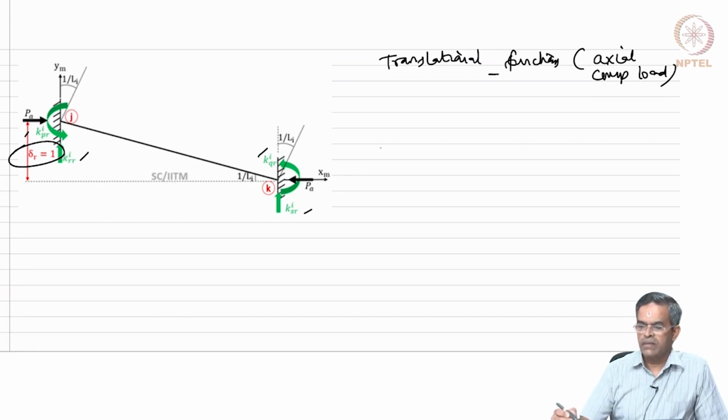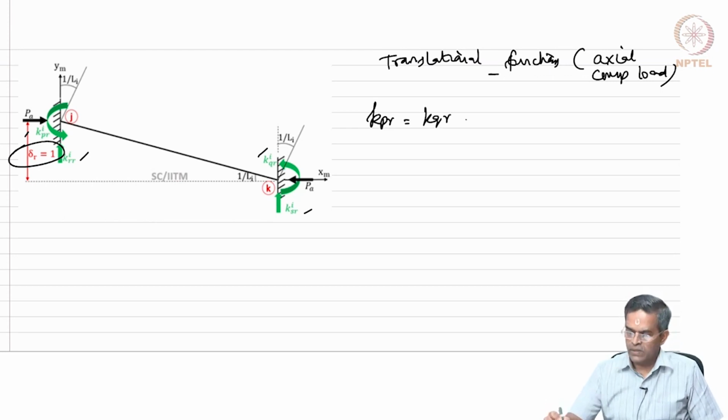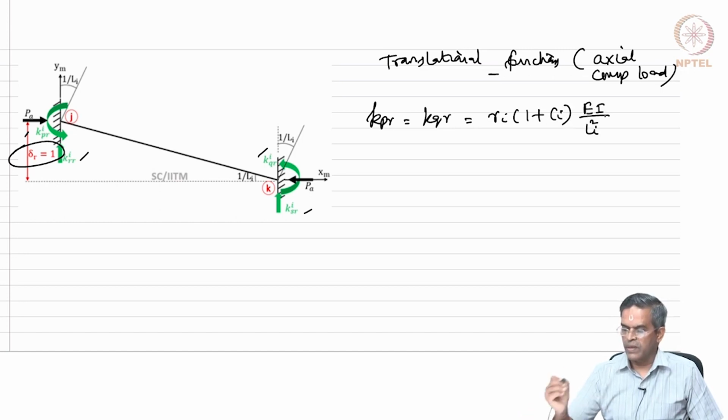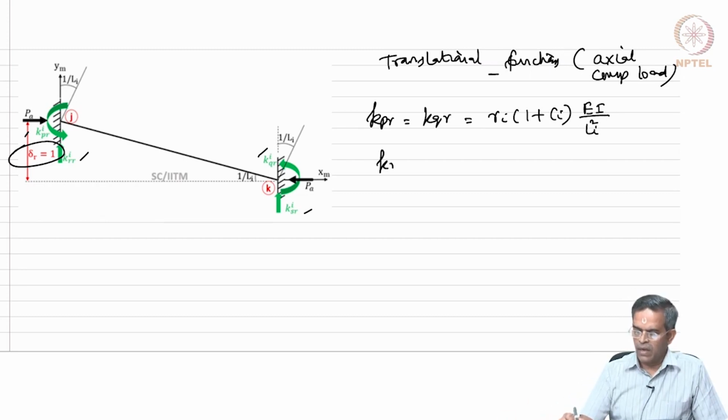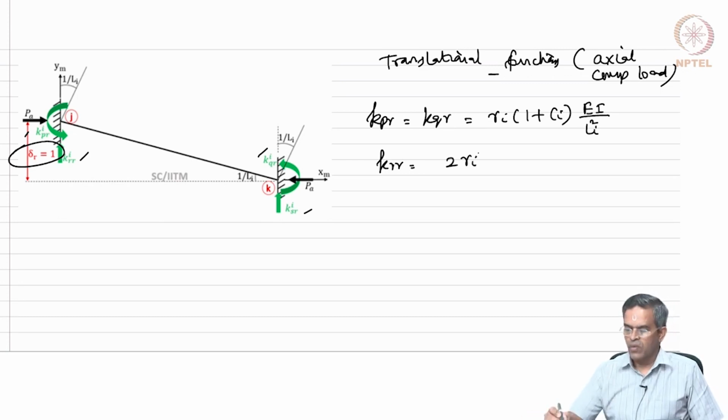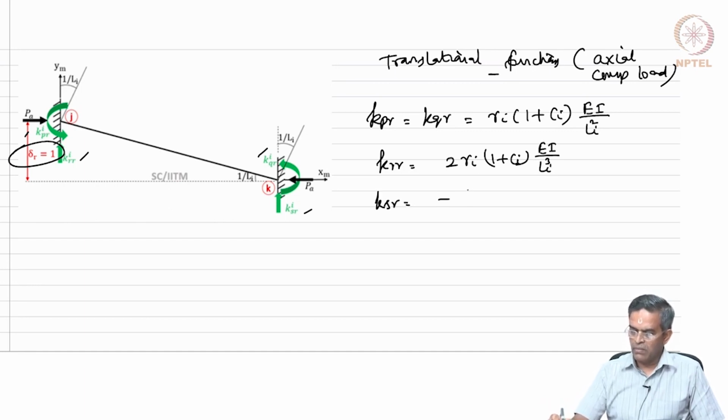We found that Kpr is same as Kqr, which is same as Ri into 1 plus Ci of Ei by Li square, okay, and Krr is 2 Ri 1 plus Ci of Ei by LIQ, and KSR is minus of KR.